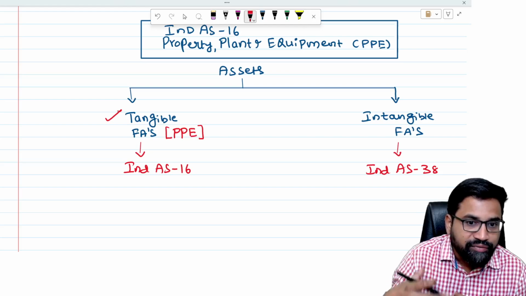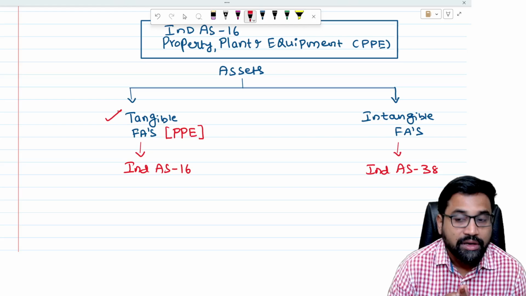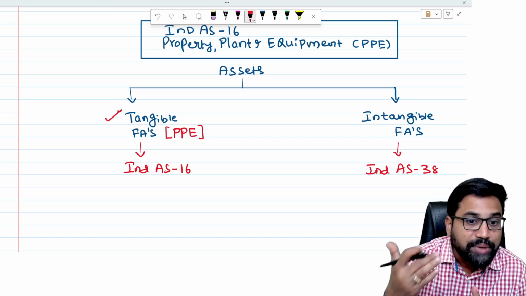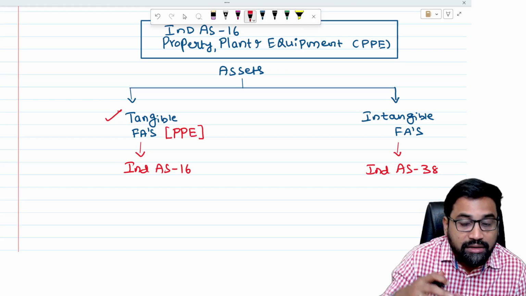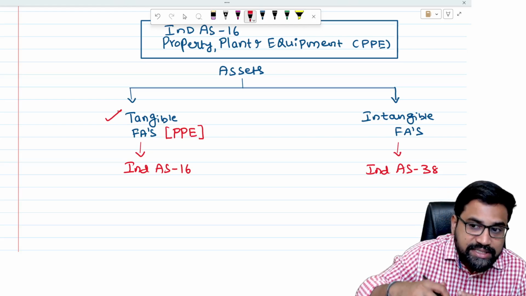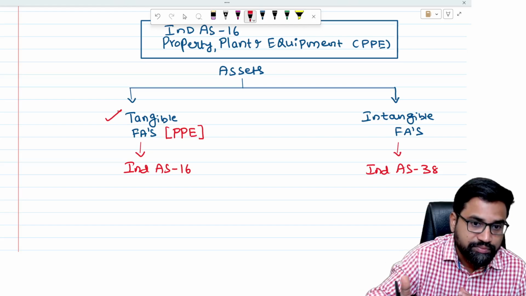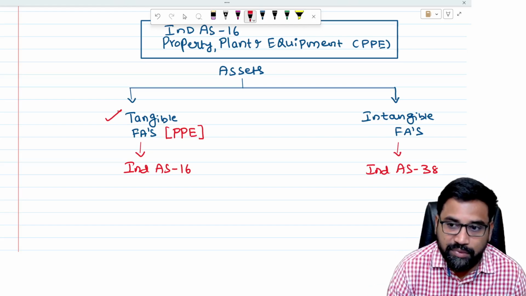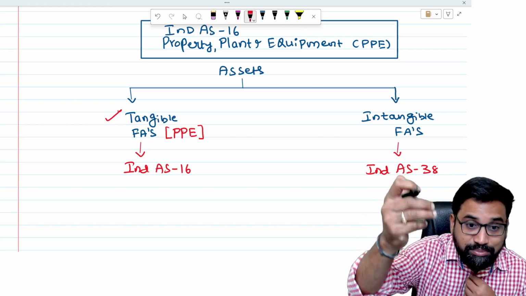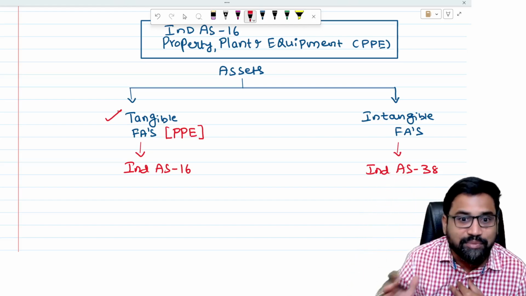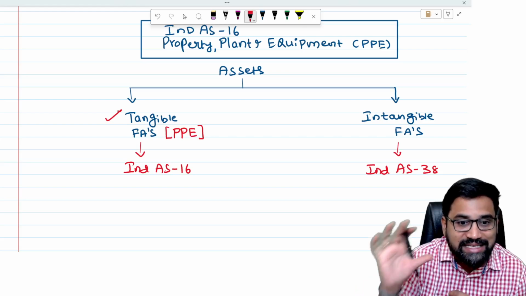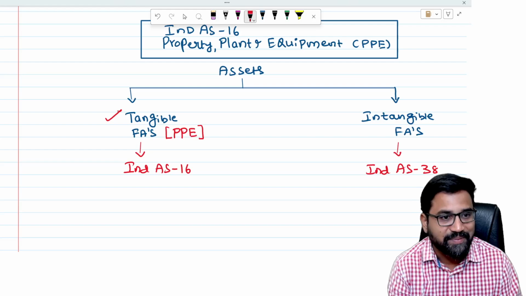Recognition: when you recognize an asset in your books, at what value you will recognize it, how you will provide depreciation on that asset, at what value you carry that asset in the balance sheet, and once the asset's life is over, when you dispose, when will you de-recognize the asset? All the concepts relating to the asset. So the journey of the asset, right from its beginning till the date it is removed from the books, every aspect of the asset's accounting treatment needs to be addressed. That's why they brought a separate accounting standard.